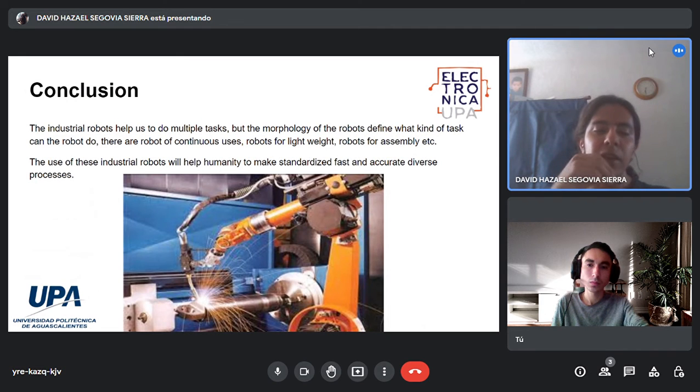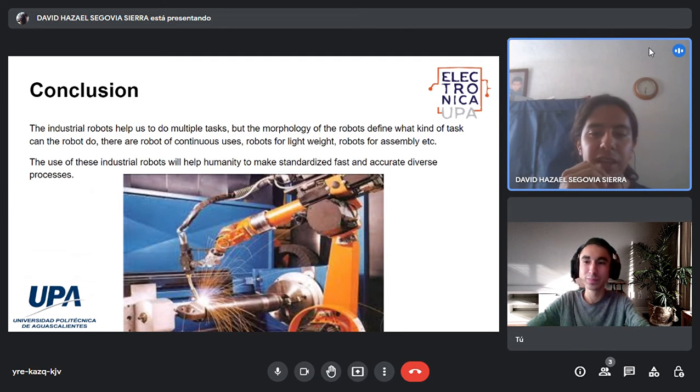Conclusion: we conclude that industrial robots help you to do multiple tasks depending on the morphology of the robots. And that morphology defines what task the industrial robot will do. As examples, there are robots for continuous use, heavy weight use, assembly use, and to use different tools.